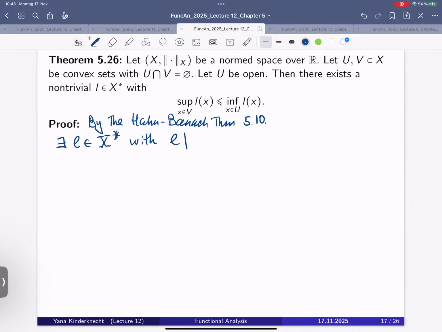So L restricted to X0 is our L0, and L of x is dominated by the Minkowski functional everywhere in X. Stop. Here we have the algebraic dual.